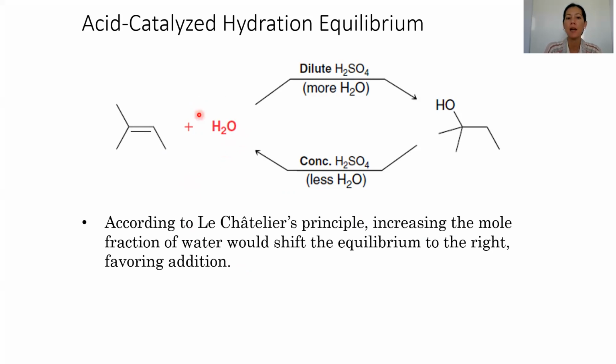So if I dump a bunch of water into the system here, that's going to add a stress to the system. To relieve that stress, the direction of the equilibrium goes to the right. So the more water you have, as in with a dilute sulfuric acid, the more you'll generate the alcohol product.